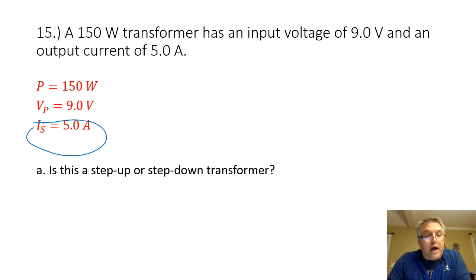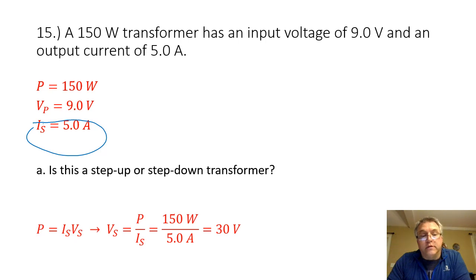To do that, I use P equals IV. I want to solve that for the voltage on the secondary coil. So that's going to equal the power divided by the current of the secondary coil. And 150 watts divided by 5 amps is going to give me 30 volts.